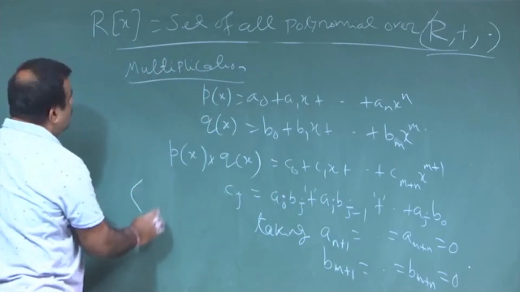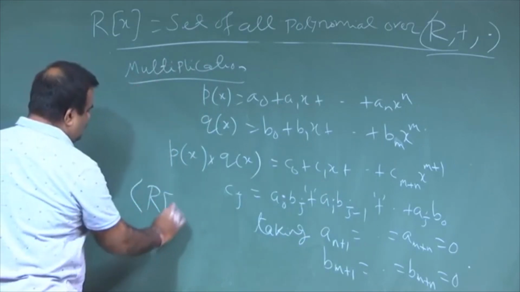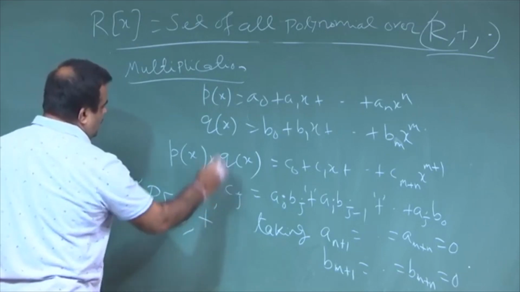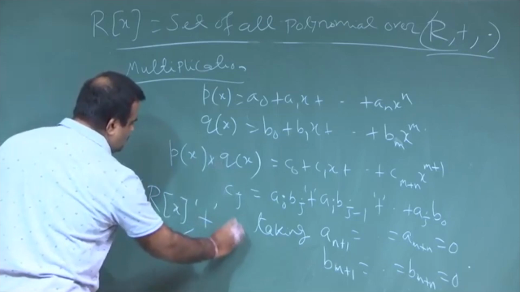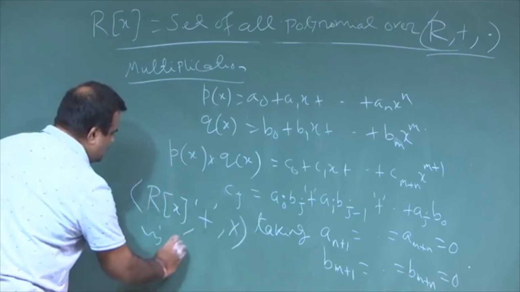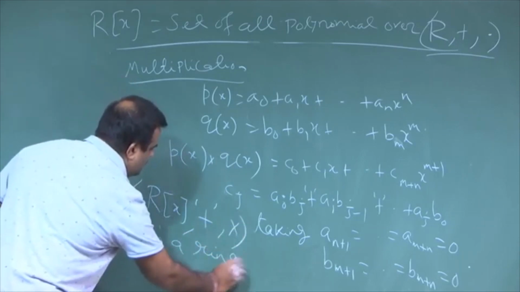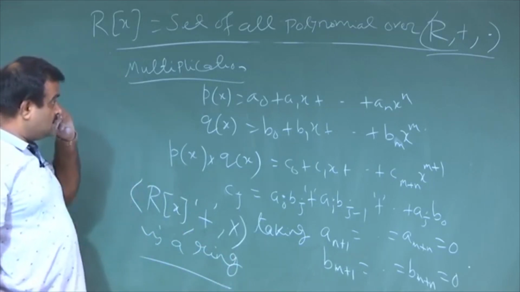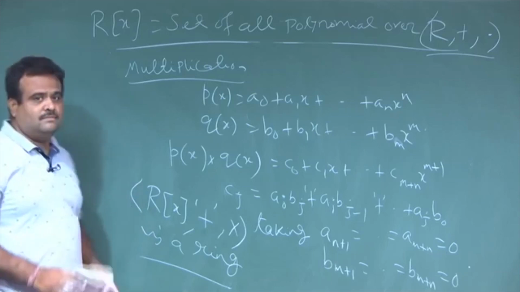Then we can show that R x, the set of all polynomials with polynomial addition and polynomial multiplication, is a ring. This can be easily seen, and this ring is called a polynomial ring. Thank you.